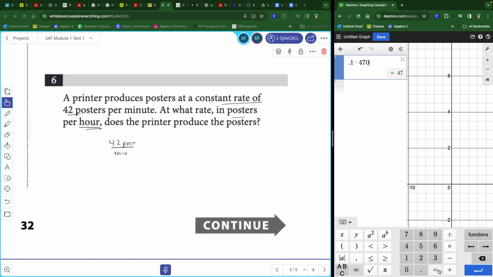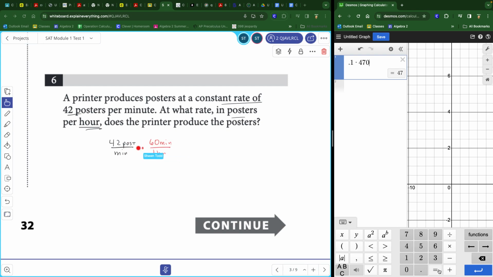We have to convert minutes. That's easy. We just use what's called a conversion factor: there are 60 minutes for every 1 hour. When you set up a conversion factor, you're really setting up a version of 1, but the 1 has units written differently. So 60 minutes in 1 hour is a true statement.